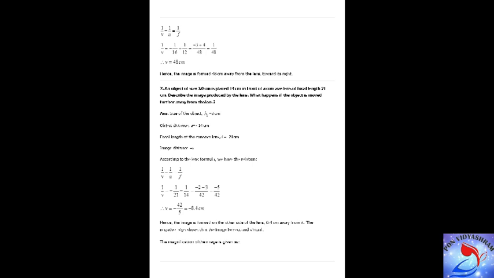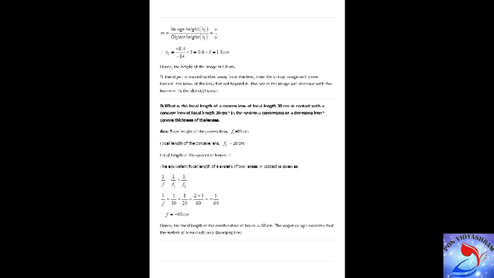They have asked us to describe the image produced by the lens. So we have to find the height of the image and the magnification also. The magnification of a lens is H2 by H1 equal to V by U, because it's a lens. For a mirror only it will be taken as minus V by U. So H2 by H1 is equal to V by U. H1 is already given, and image distance and object distance we have found.